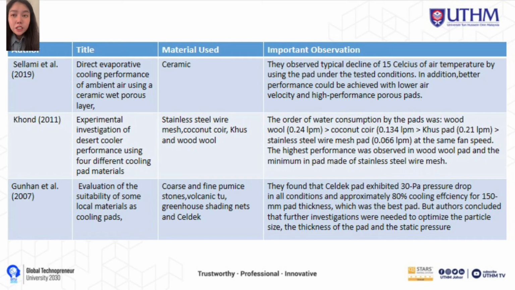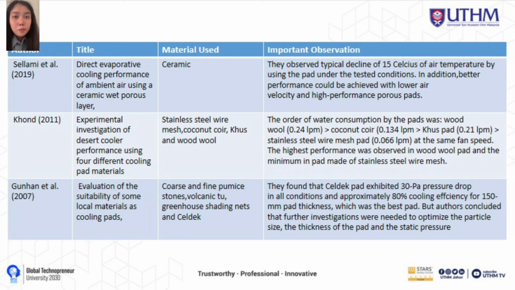And then as for Kunhal in 2007, the title is Evaluation of the Sustainability of Some Local Material as a Cooling Pad. The materials used are coarse and fine plume stone, volcanic, greenhouse shading nets, and celdek.